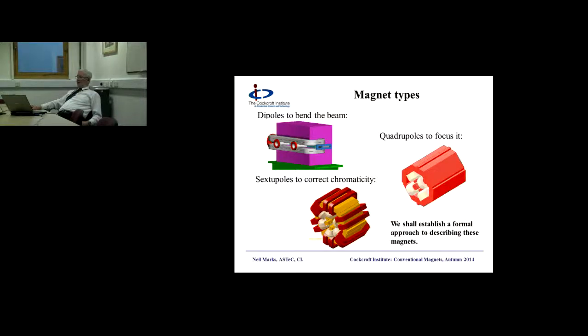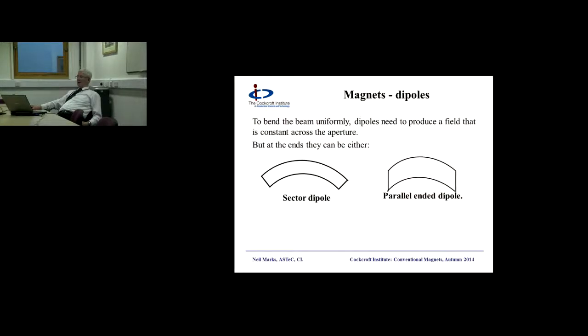We're going to look at the formal approach to describing these magnets mathematically. One thing to get out of the way: the dipole bends uniformly, but there are two types of end. There's the sector dipole, which is shown here, where the ends of the magnet are normal to the point where the beam enters and the beam exits.